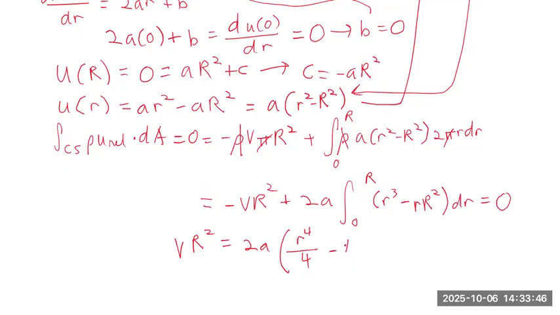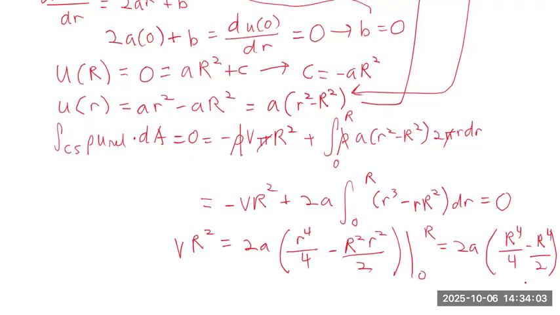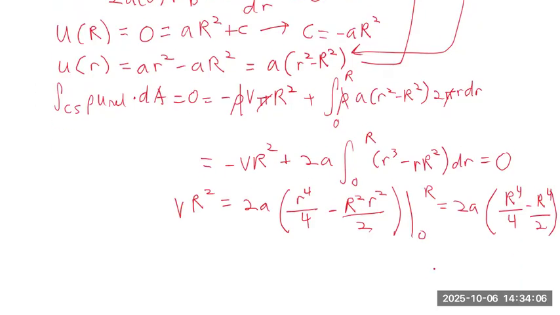Yeah, so we have R squared times r squared over 2 evaluated from 0 to R. And this is equal to 2A times (R to the 4 over 4 minus R to the 4 over 2). And this is in turn equal to negative 1/2 A R to the power of 4.